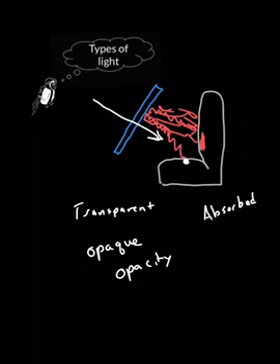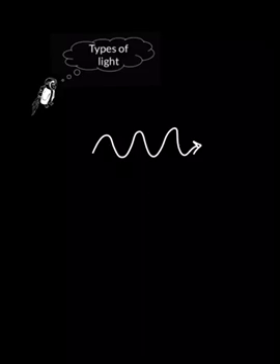Now, a lot of our technology uses opacity and transparency for different effects. One of them that you're familiar with happens to be the microwave. So a microwave is going to send a photon towards your food. Now, inside your food, you have water molecules.